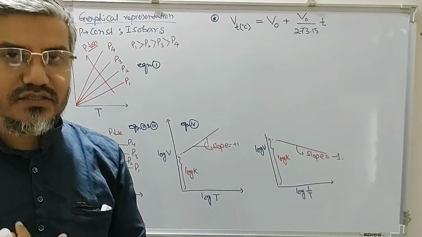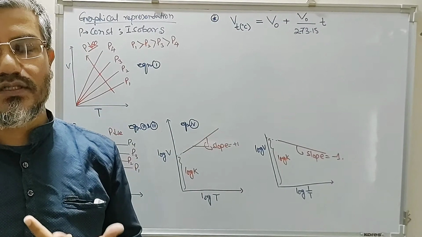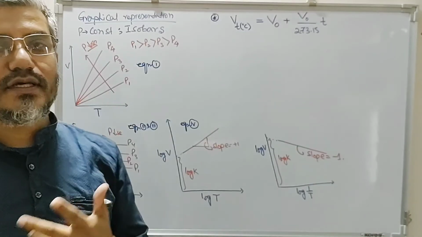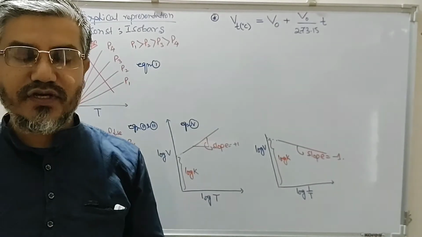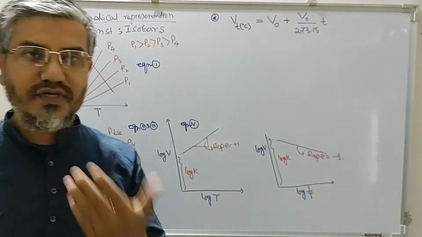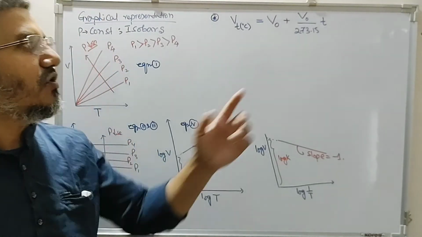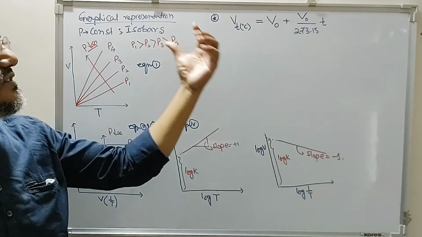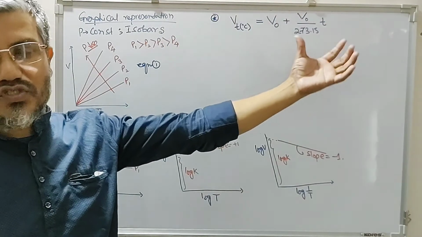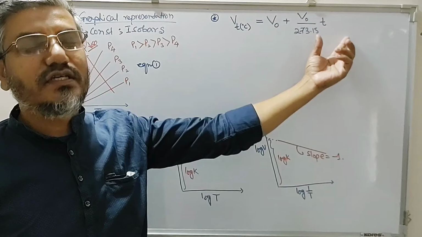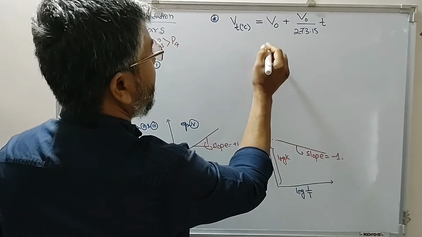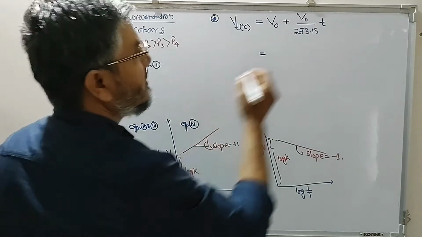So for every change of 1 unit of temperature, the volume occupied by the gas changes by 1 by 273.15 times the volume occupied by the gas at 0 degree centigrade. This is another statement of Charles law in terms of degree centigrade. Let this be equation number 6.